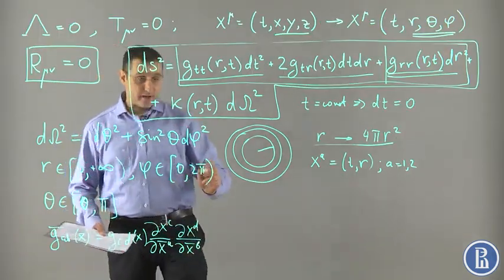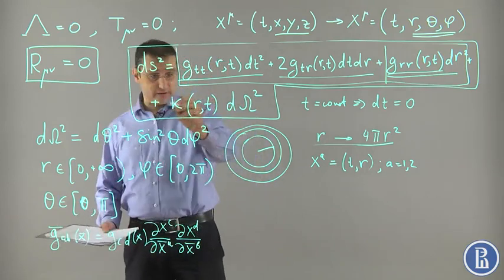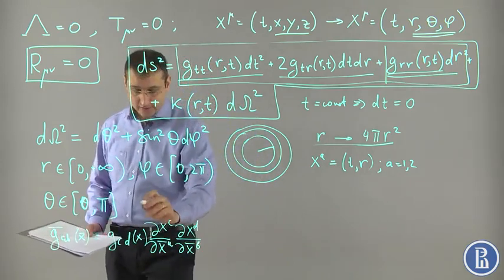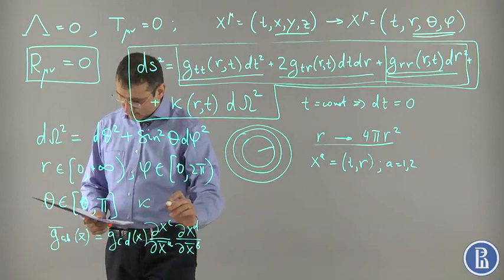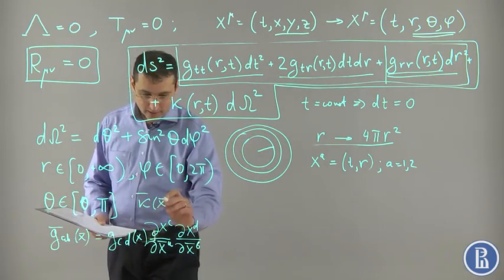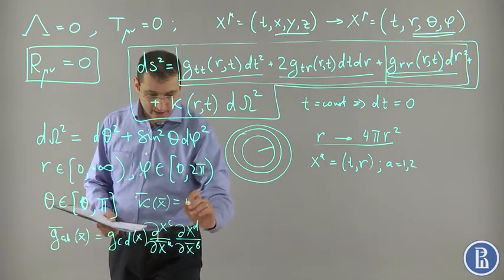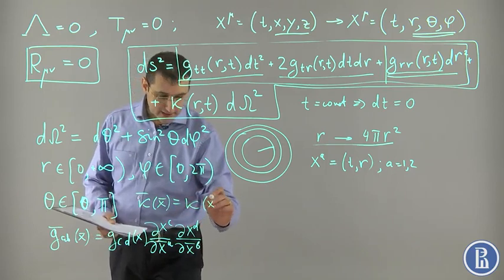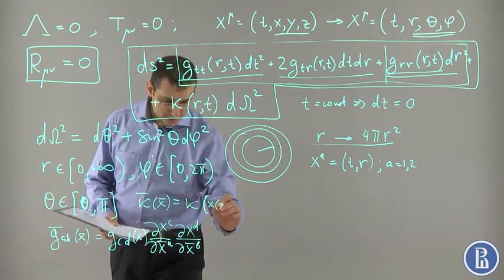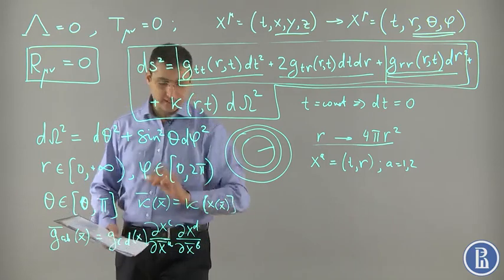And at the same time, we can also transform this one. This one transforms as a scalar. So k bar of x bar is nothing but k of the function of x, which is in its own right a function of x bar.